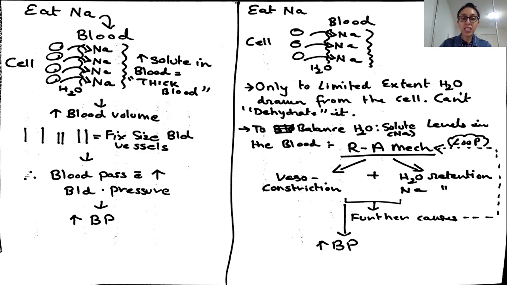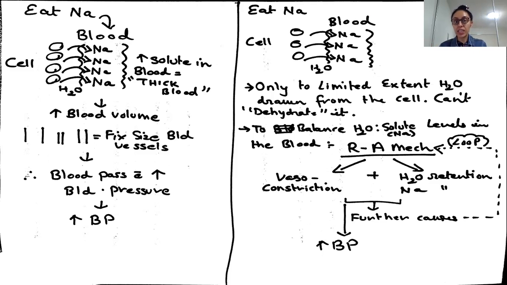So this is the first thing which happens: your blood volume increases, but there is only so much capacity for your blood vessels to expand. Therefore what results is increased blood pressure, because the surface area, the diameter of your blood vessels, can only increase up to so much.